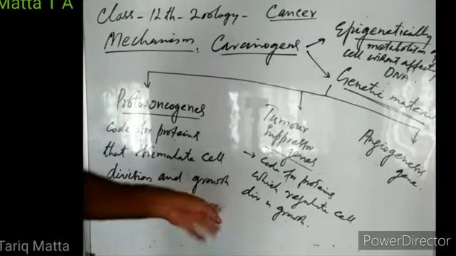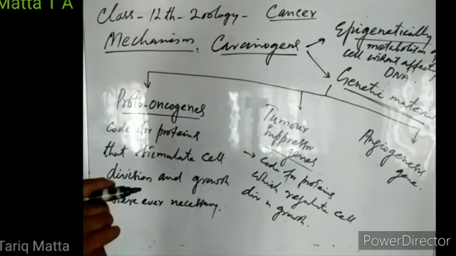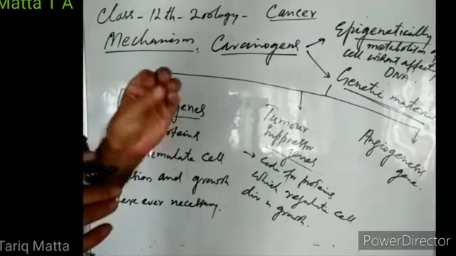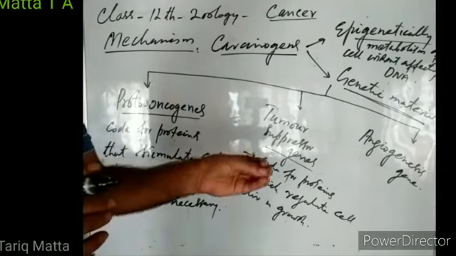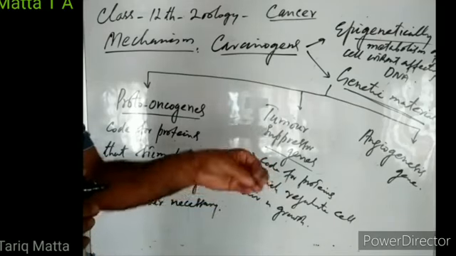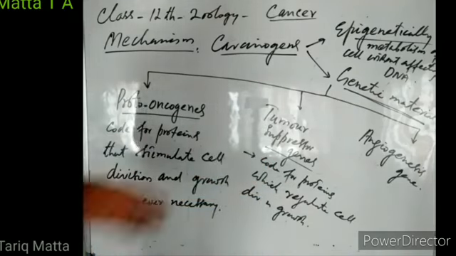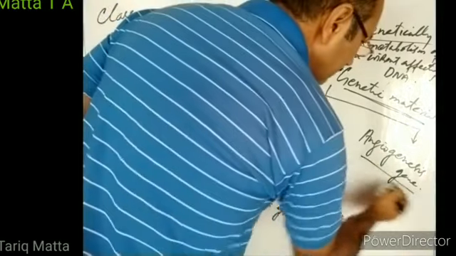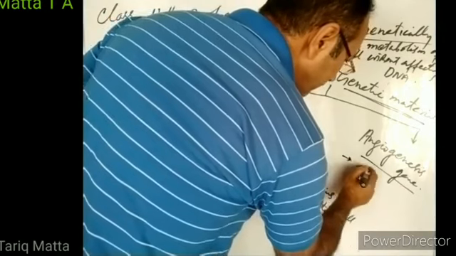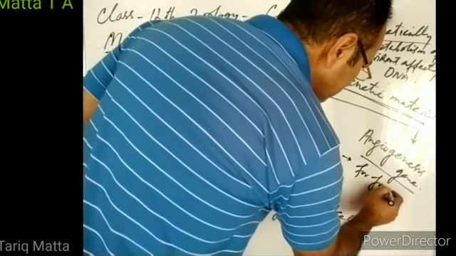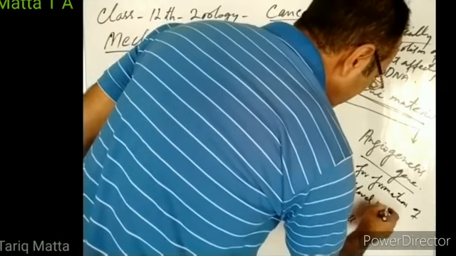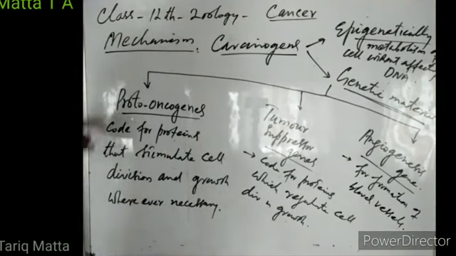Tumor suppressor genes inhibit cell division and growth, right? So they work tandemly with each other, in a delicate manner, so that growth and cell division occurs only in those areas where it is required. And excessive growth and division of the cells is prevented by their joint effort, right? Angiogenesis gene is a gene which is responsible for formation of blood vessels. So the angiogenesis gene forms blood vessels, right?